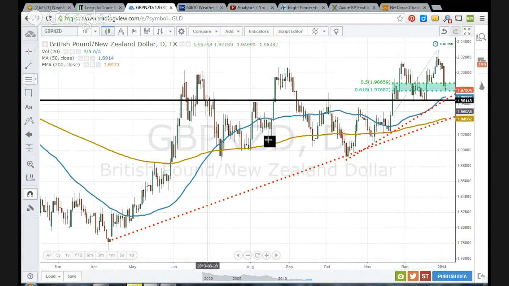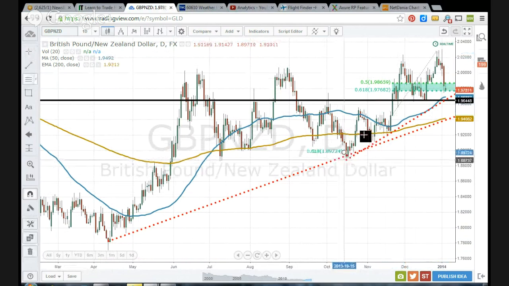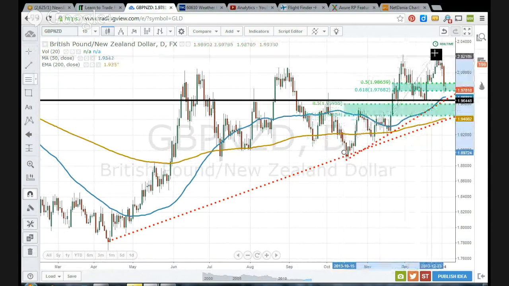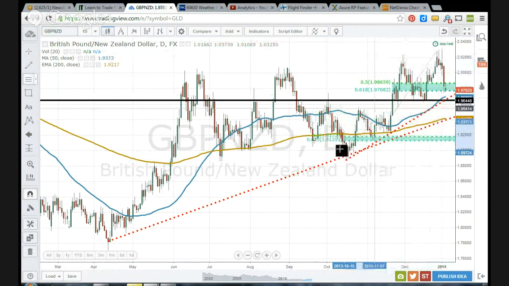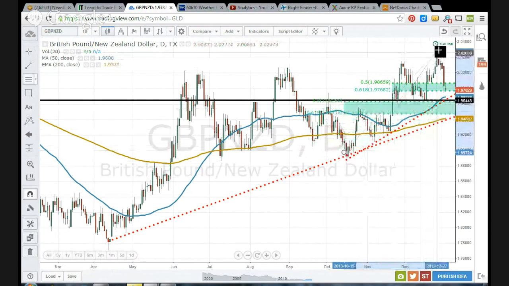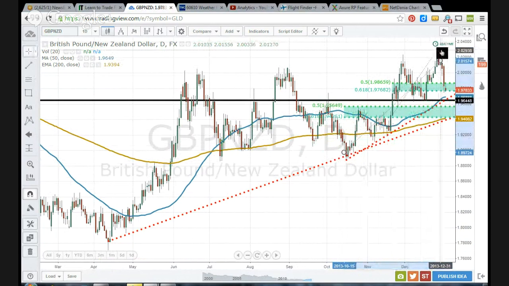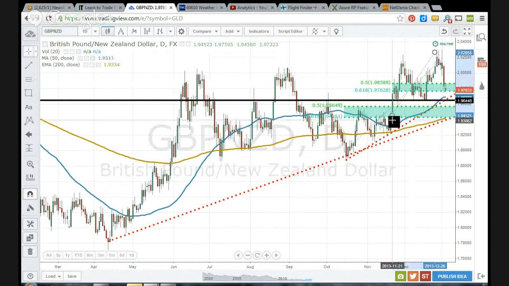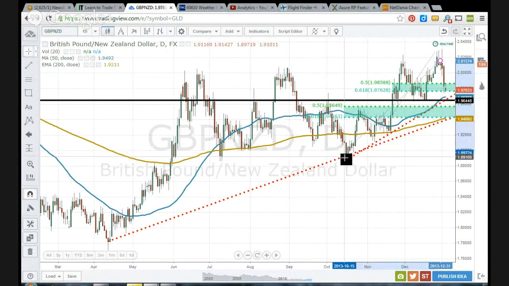If I were to draw it from this swing low all the way to this swing high. What's going on here? So that puts us, yeah, right, even lower.